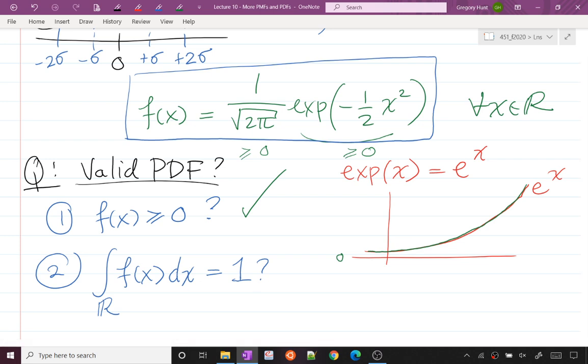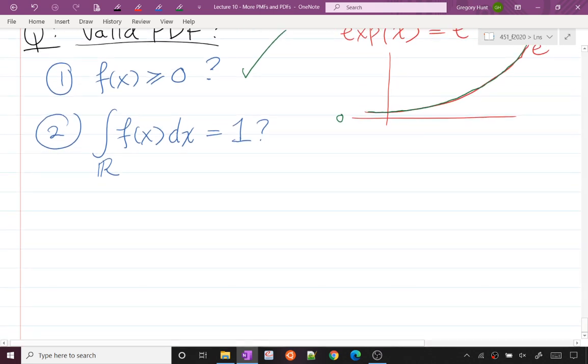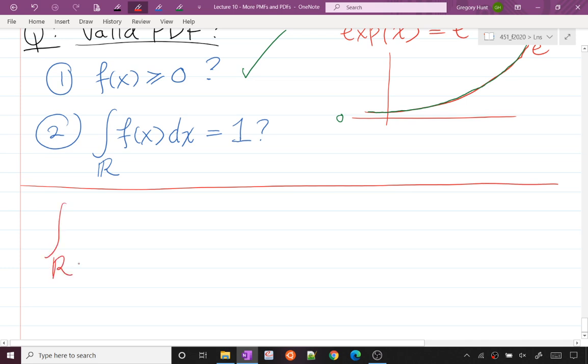So let's look at how we tackle this integral. Okay. So what do I want to do? I want to integrate over all real numbers this function, 1 over 2 pi times the exponential of negative 1/2 x squared, with respect to x. And what I really want to show is that this integral better come out to be 1.